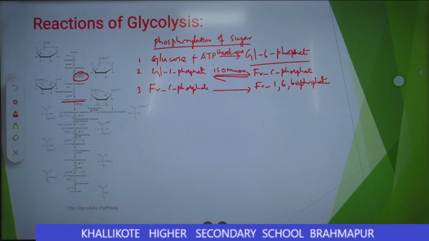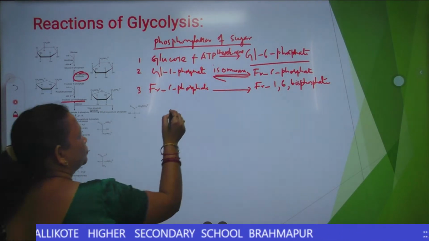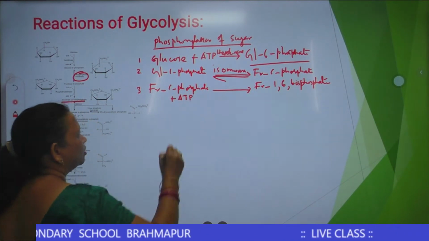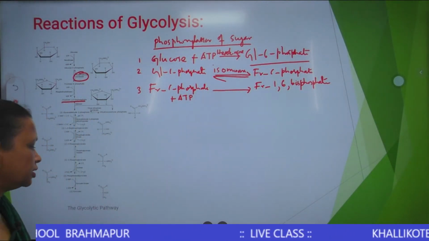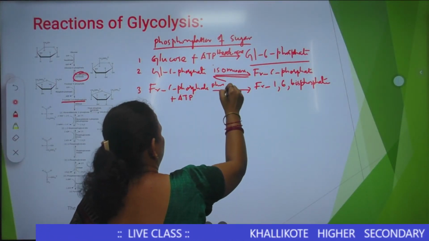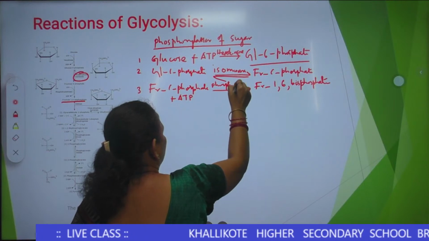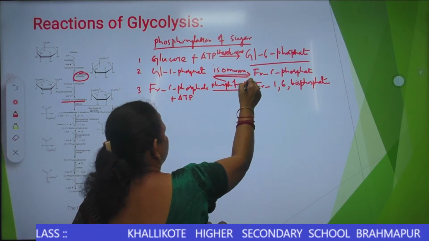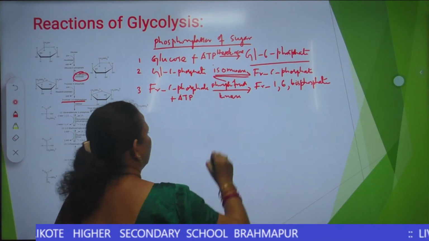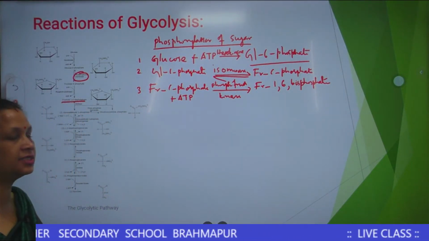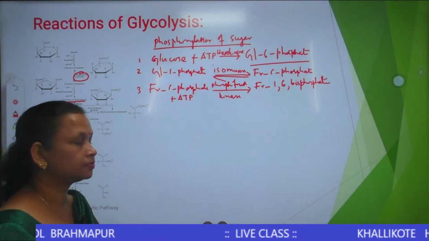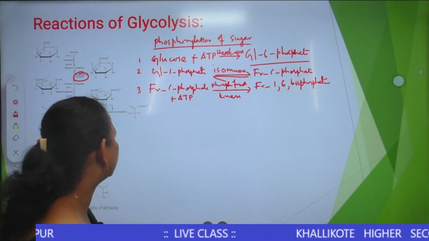So, the enzyme here is, from where will it get the phosphate for fructose? From one molecule of ATP. So, the enzyme will be phosphofructokinase. You have to remember kinases are enzymes that help to add phosphates from the ATP molecule.